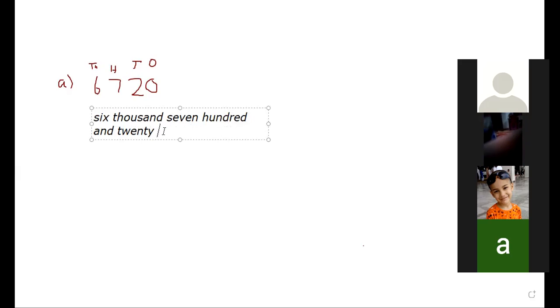You have to do each part like this. Simple it is. How many ones do we have? 0. How many tens do we have? 2. How many hundreds do we have? 7. And how many thousands do we have? 6. So 6,720 is the answer.